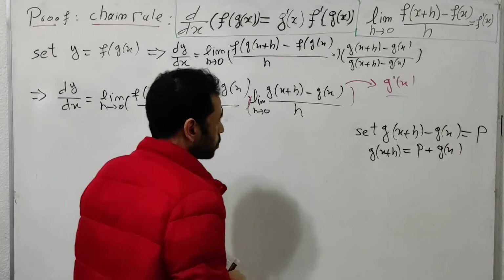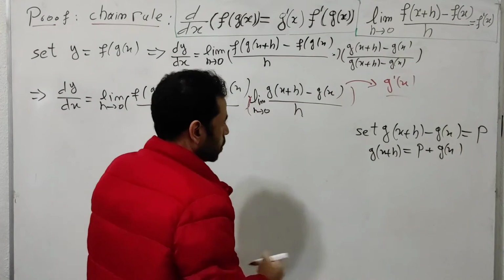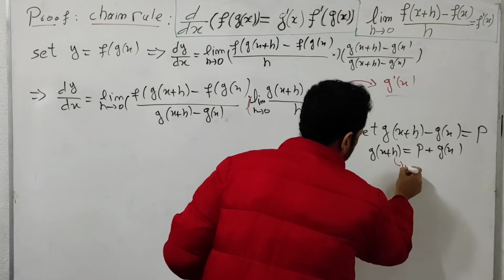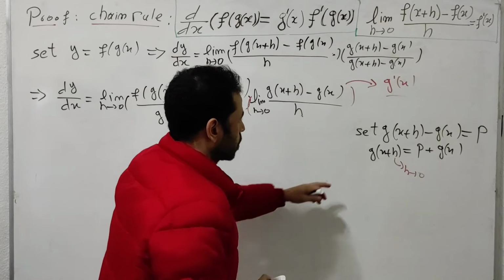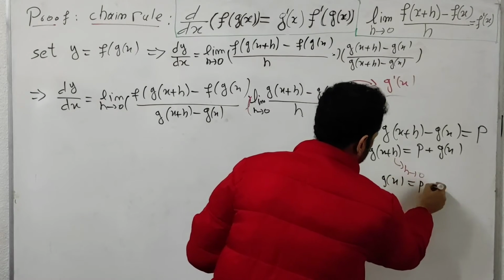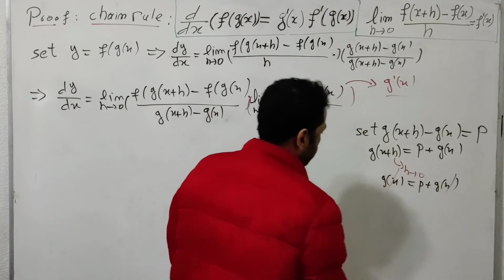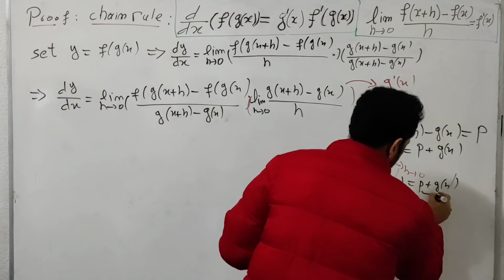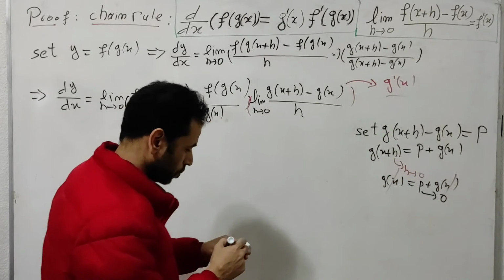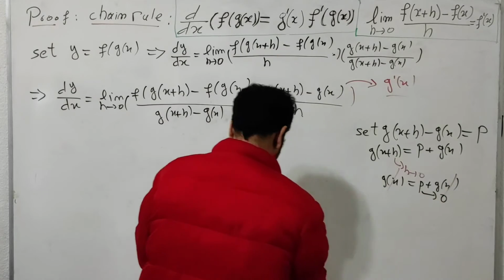If you take a look again at this function, if h goes towards 0, that means I will get g of x equal to p plus g of x. So this g of x will be cancelled out, so I will get p equal to 0 as well. If h is approaching 0, that means p is approaching 0 as well.